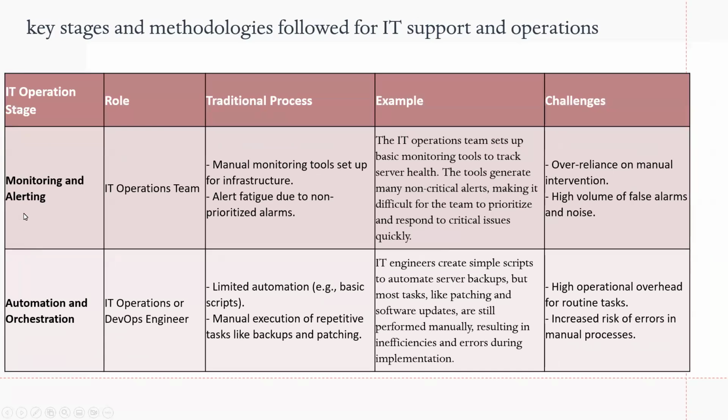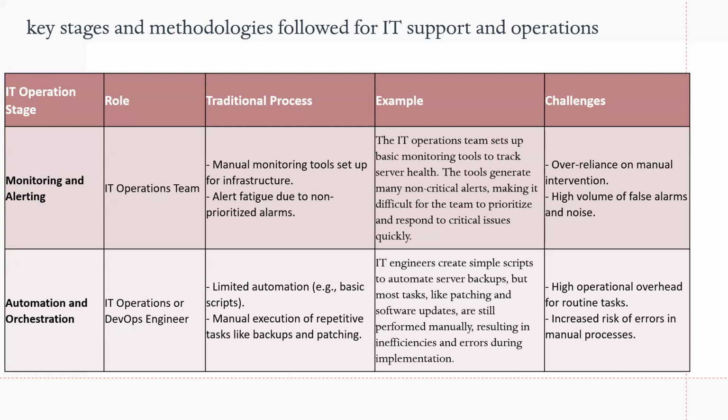Monitoring and alerting. The IT operations team takes care of monitoring and alerting. The traditional process here is manual monitoring tools set up for infrastructure, and alert fatigue due to non-prioritized alarms. When there's monitoring set up and alerts configured, sometimes we tend to configure alerts for more than what's needed, and that causes non-prioritized alarms.